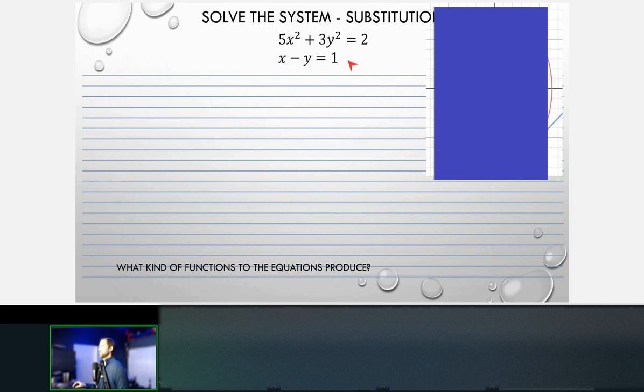All right, what is this equation? What does this make? Second equation. So what does this equation make?